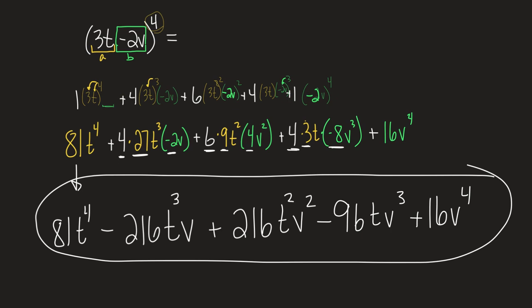So we start with Pascal's triangle coefficients. And then you go to your A value, your first term of your binomial, and you raise it to the 4th power, and then the 3rd power, and the 2nd power, and the 1st power. So every term's power is decreasing every single time, successively smaller.